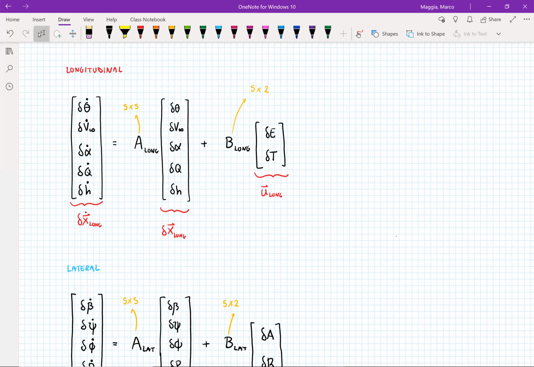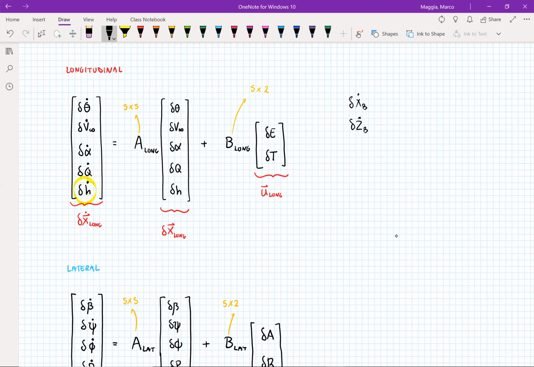And usually in the longitudinal dynamics, the x, y, and z dot equations are replaced by the delta h dot equation. So we're not going to find delta xb dot and delta zb dot.